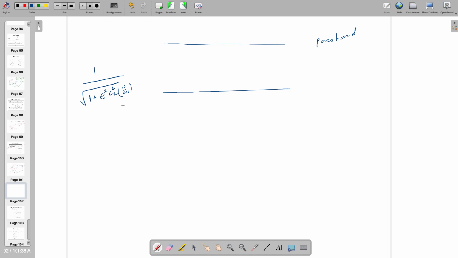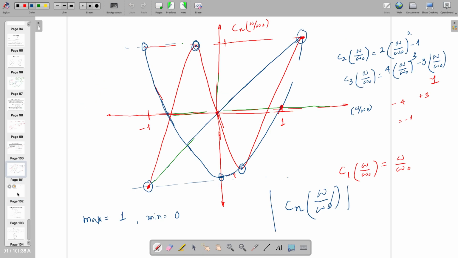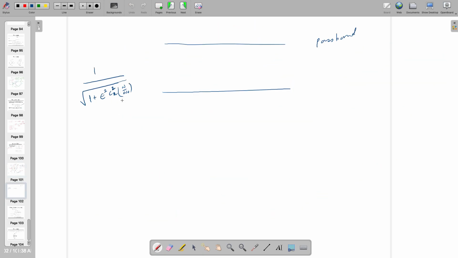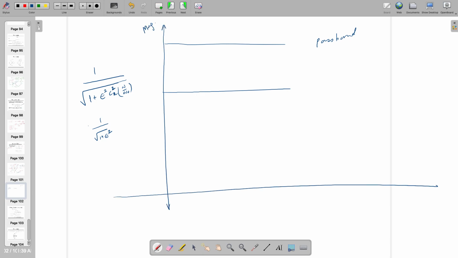If it is zeroth order, then this will be plus 1, and 1 plus epsilon square will be the entry which is available here. If this is magnitude with respect to frequency, the first will look like this without any ripple.